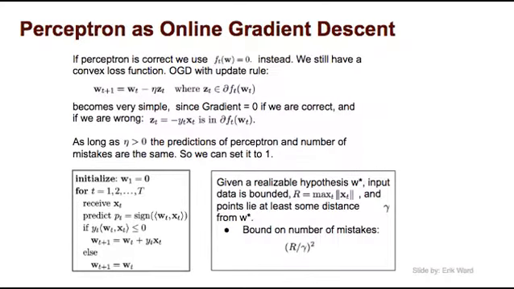Once the convexification is done, we use the online gradient descent algorithm, and then we build our learning algorithm using the online gradient descent method. So if the prediction is wrong, we have this prediction update scheme. Otherwise, we keep the same prediction.